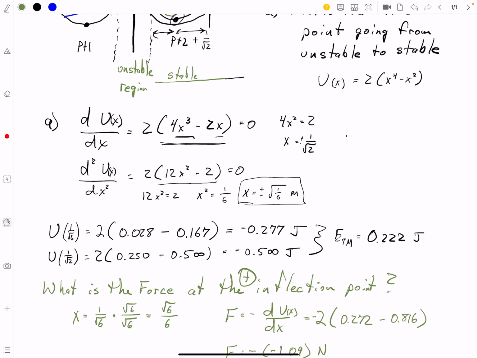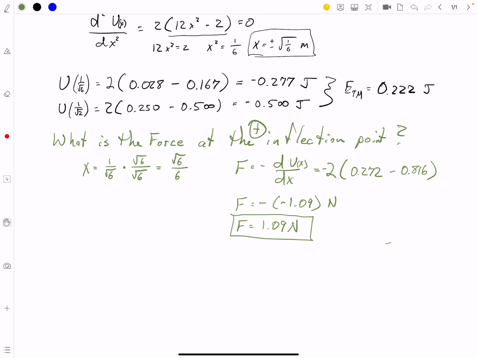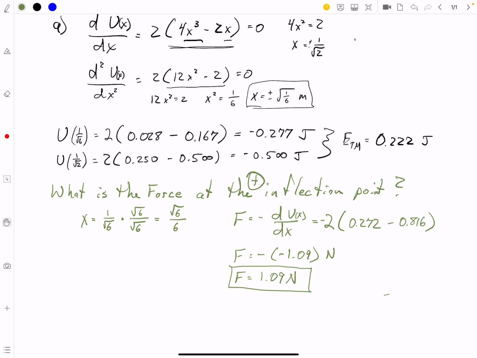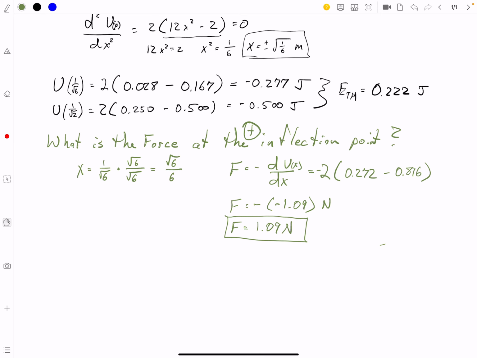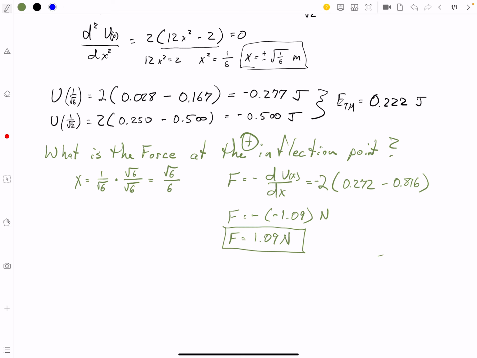If we use 1, the du dx again, we'll do it in blue. X equals 1. What is the force? And not just what is the force, but what is the direction of the force?